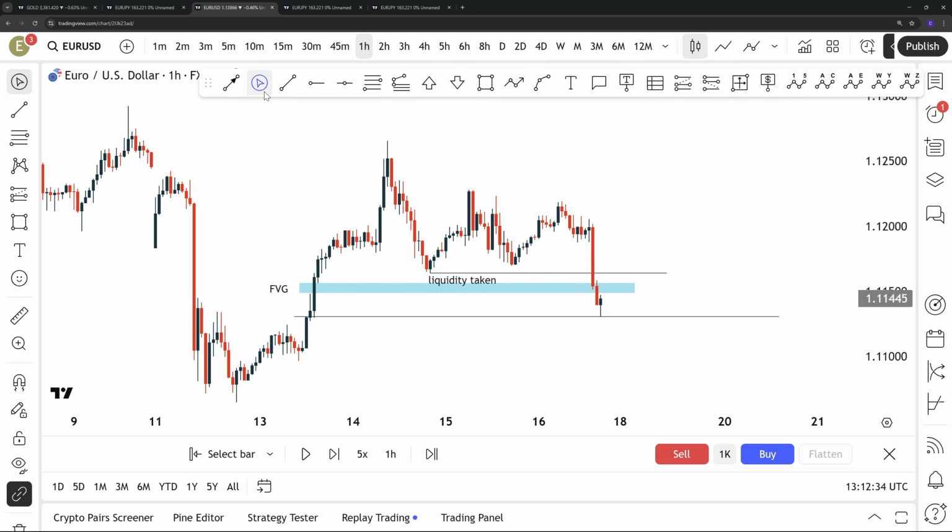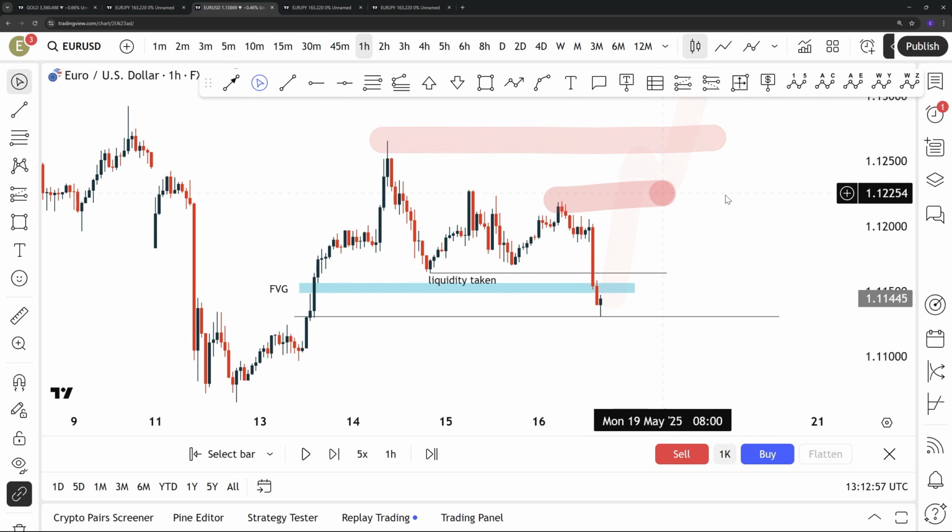This area alone, from here like this, we have a full correction. And also we can clearly see that we have an impulse like this, and that is why you see a correction here. And then right now we can look to go long and target this high, or this high here.